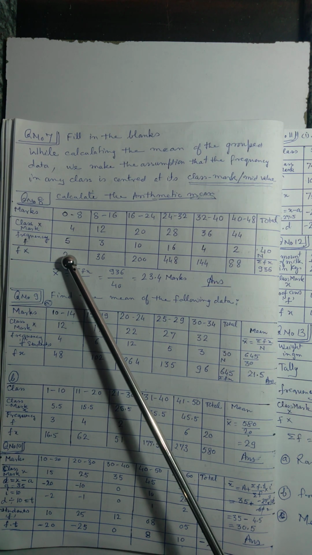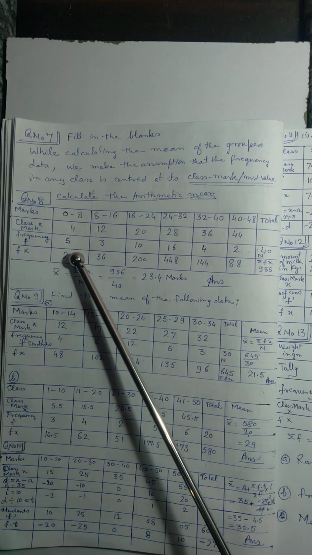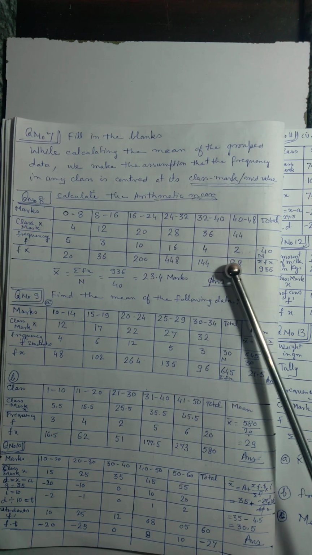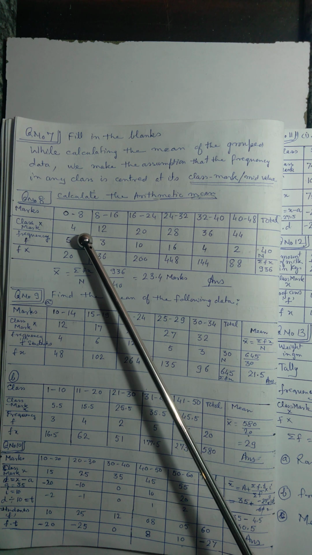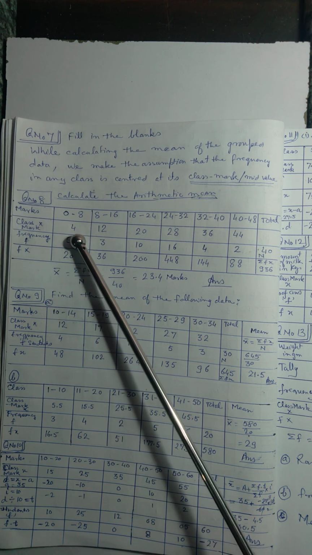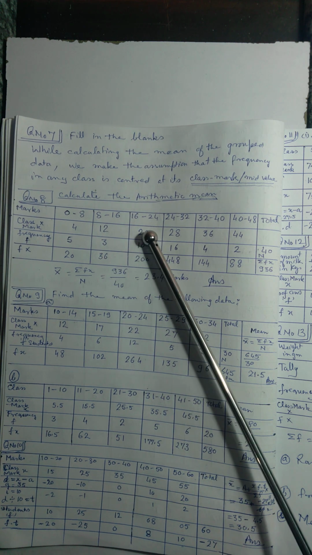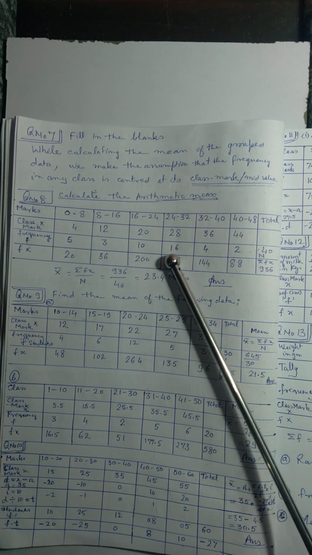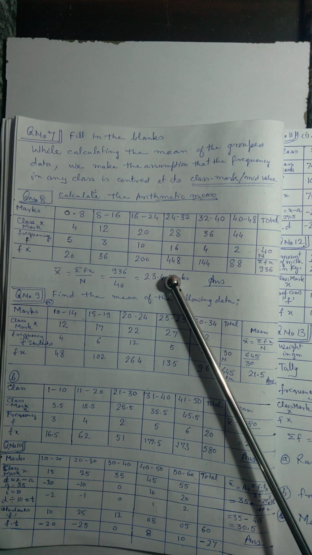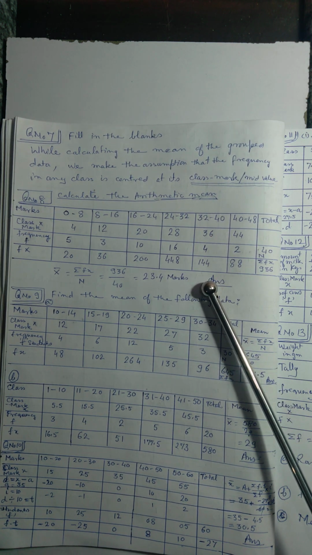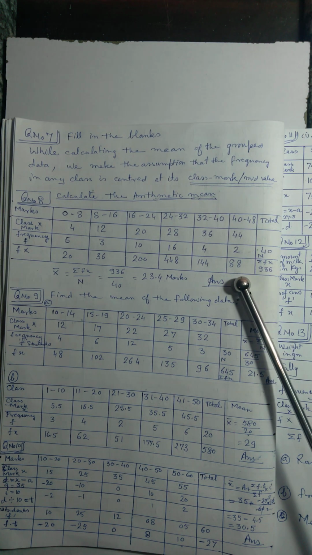Now the corresponding frequencies are 5, 3, 10, 16, 4, 2. Now in order to find the value of fx, 4 into 5, 20, 12 into 3, 36, 20 into 10, that is 200, 28 into 16, that is 448, 36 into 4, 144, 44 into 2, that is 88.